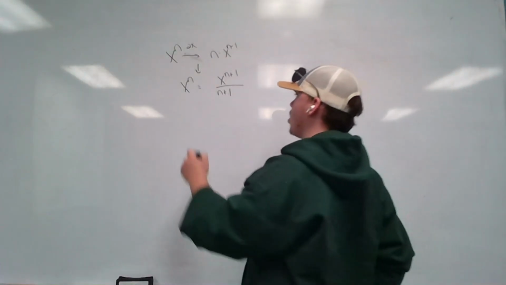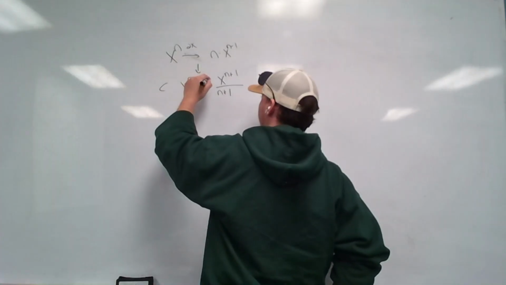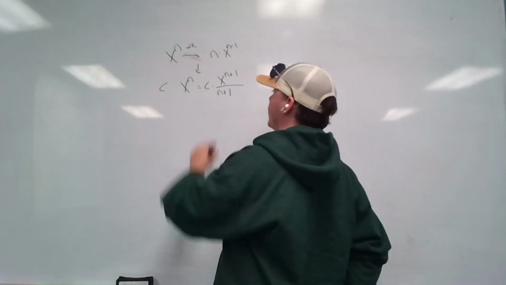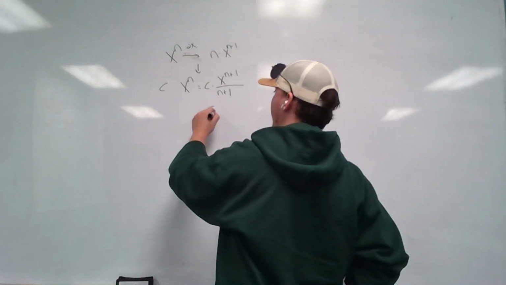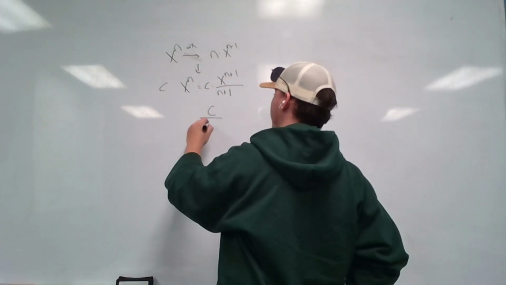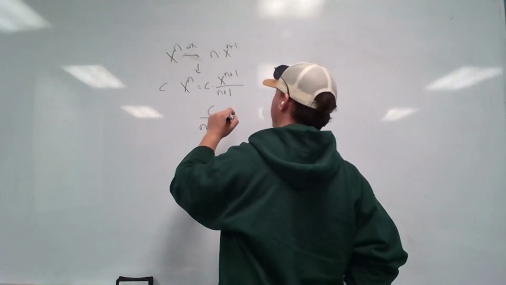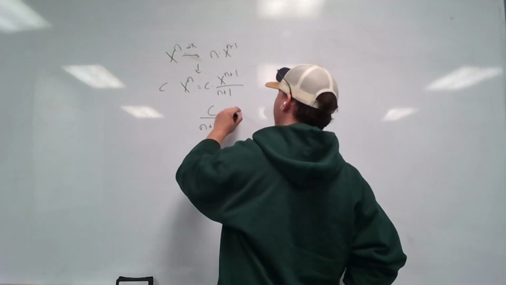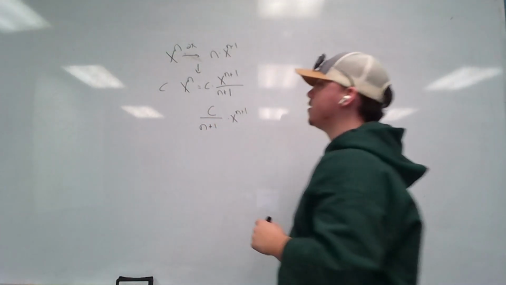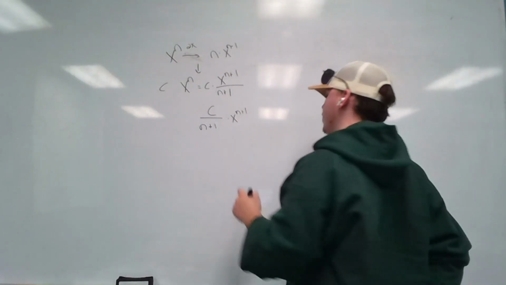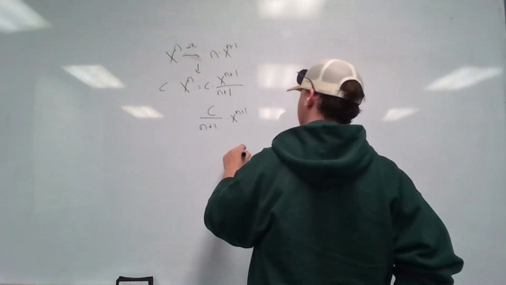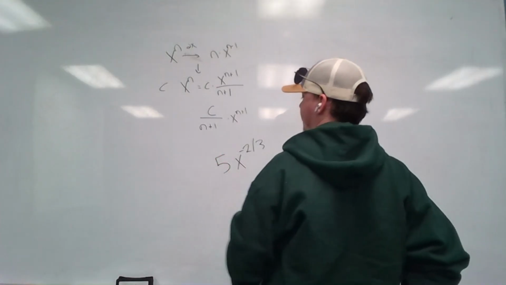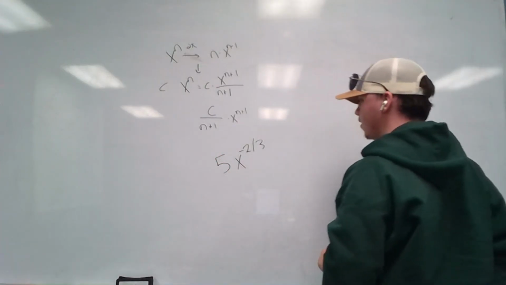And so if you have a constant in front of it, it's just going to be the constant times that. Or an even better way to write it would be constant divided by n plus 1 times x to the n plus 1. So an example could be 5x to the negative 2/3. So how do we solve this?